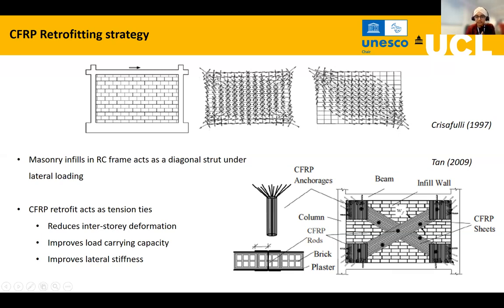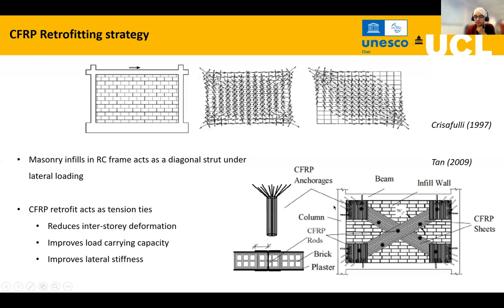So together they can have the intended effect under a bidirectional force. Overall, it is expected to reduce the interstory deformations while improving the load carrying capacity and also improving the lateral stiffness. So this was the kind of application that was designed.